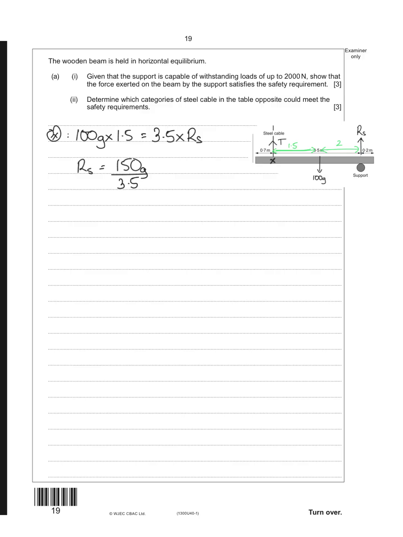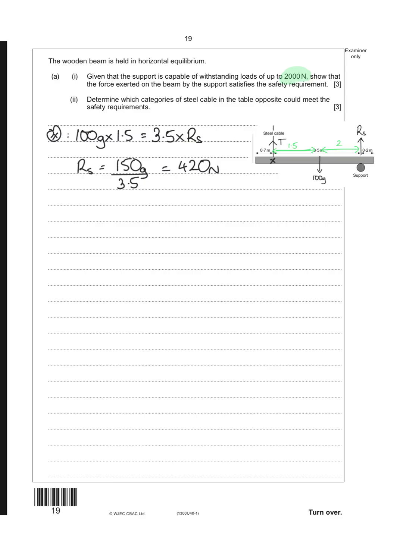Okay, and so when we work that out, we get 150 divided by 3.5 times 9.8, which is 420 newtons. We go back to read the question. It tells me that the steel support, I may have read that earlier as cable, sorry, can withstand 2,000 newtons.